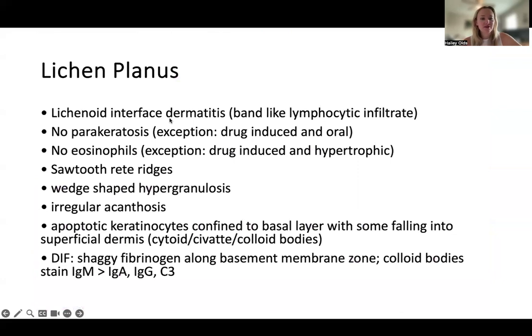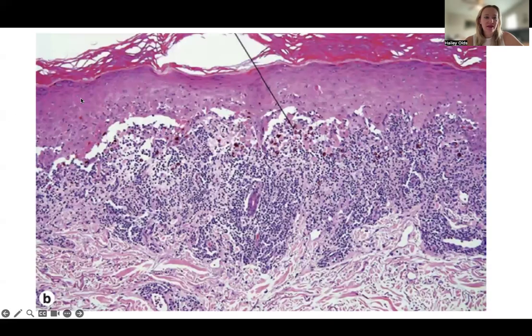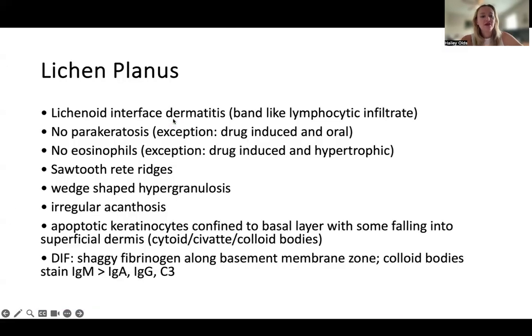So lichen planus, you see a lichenoid band-like lymphocytic infiltrate. There's not usually parakeratosis or eosinophils, but they may be present in certain subtypes of lichen planus. And then you see the wedge-shaped hypergranulosis too, so here there might be a little increased granular cell layer, and then you see a regular thickening of the epidermis.